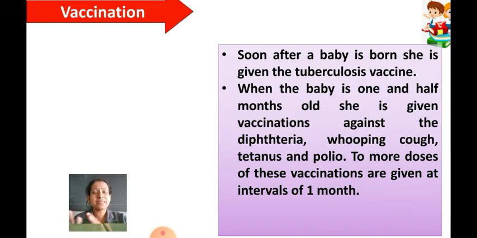Now why do we have to be scared of tetanus? It's because tetanus is a disease that causes contraction of the muscles. The muscles contract like this, and it is hard for them to relax.